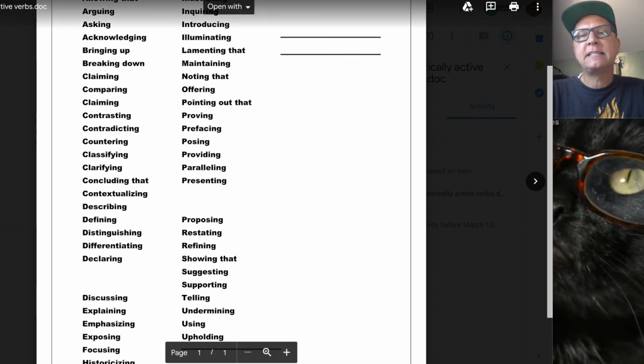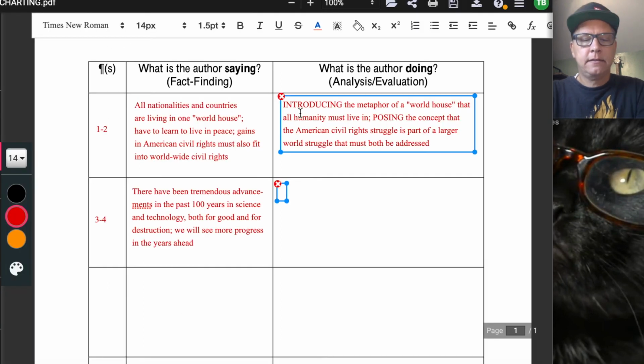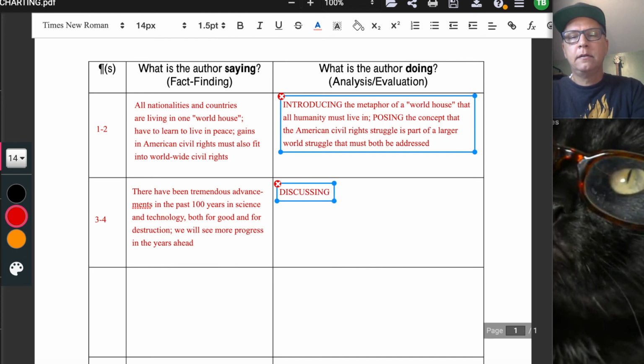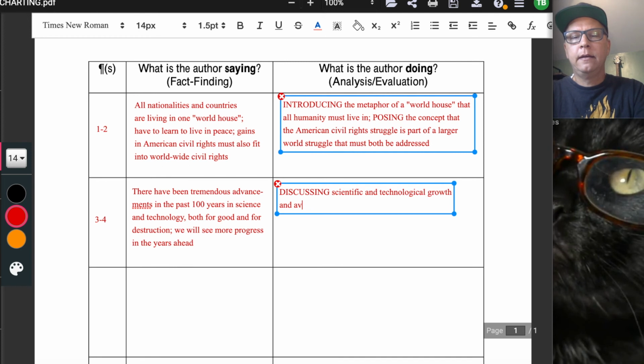And discussing. Let's use discussing. So he's discussing scientific and technological growth and advancement over the last, I could say highlighting too, right? Last 100 years, okay?